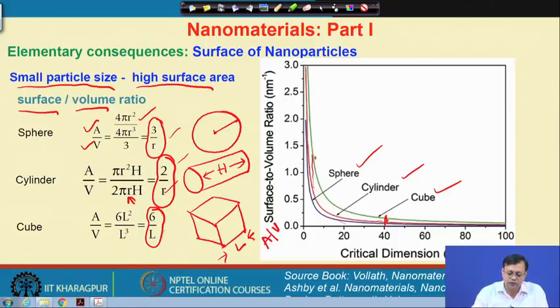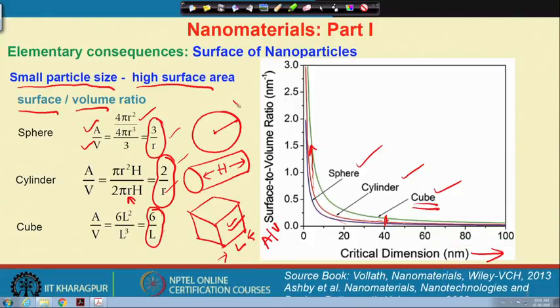This is a very high value. It is for sure that a cube always has a higher surface area than a sphere. There is no doubt, a sphere always has the lowest surface area for the same amount of volume if we transform this volume into a cube.